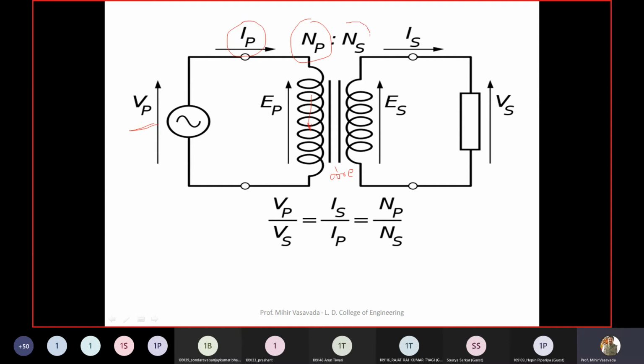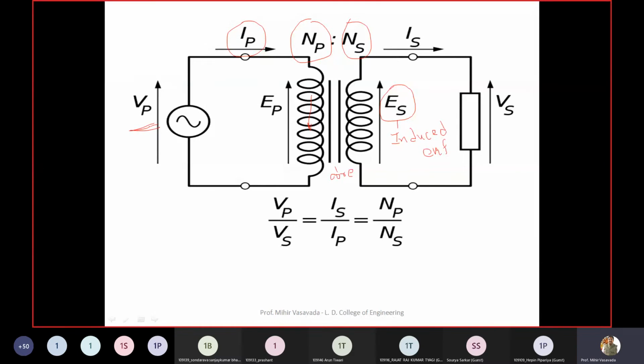Similarly, on the same core, we have wound the secondary winding with number of turns NS. So when the primary winding voltage is given and the current is passing, the flux produced will link with the secondary winding and induce an EMF ES in the secondary winding. So this is the induced EMF in the secondary winding.